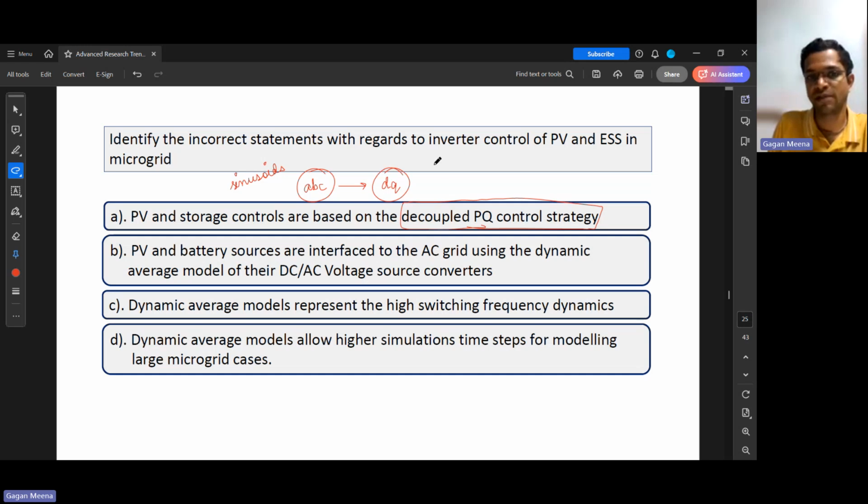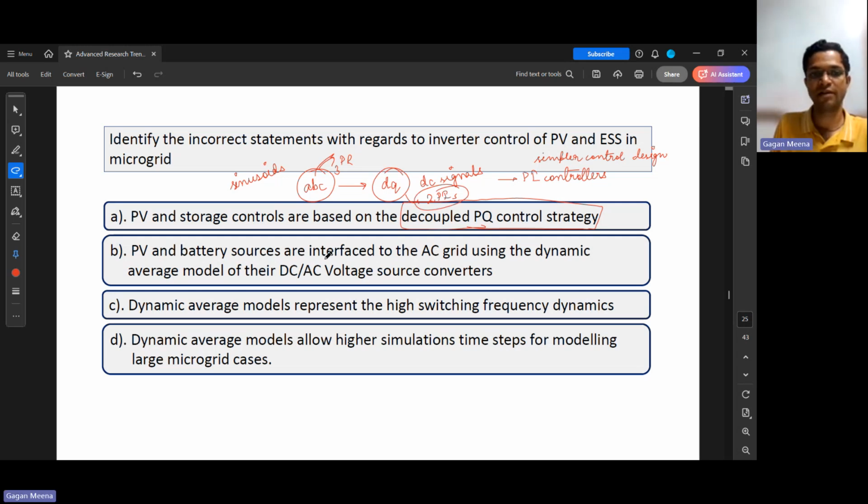From sinusoids or space phasor, we go to DC signals, and then we can use our PI controllers. We can get a simpler control design in this case. Here we need only two PI controllers, whereas in ABC we need three PR controllers, one for each phase.